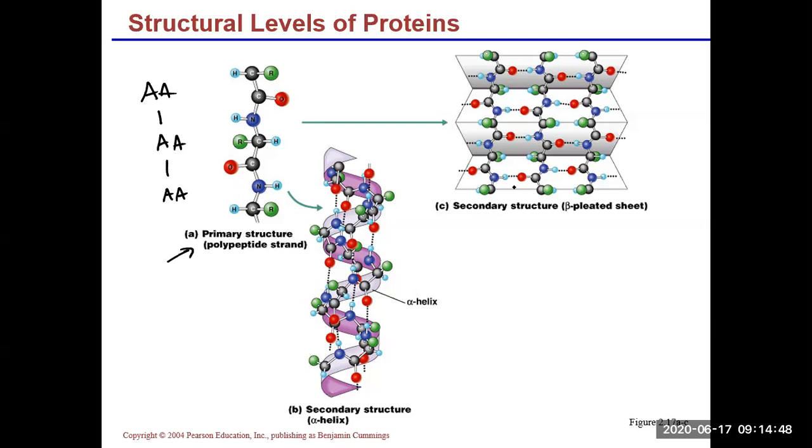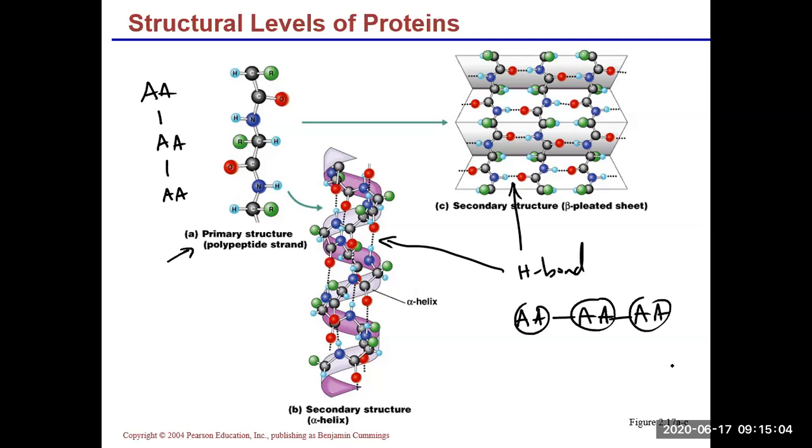So think about these three dots as hydrogen bonds, and these three dots as hydrogen bonds. And the way it works is amino acids could form a sheet-like structure because of the hydrogen bonds that I'm showing you in three dots. They could actually have attraction going on.